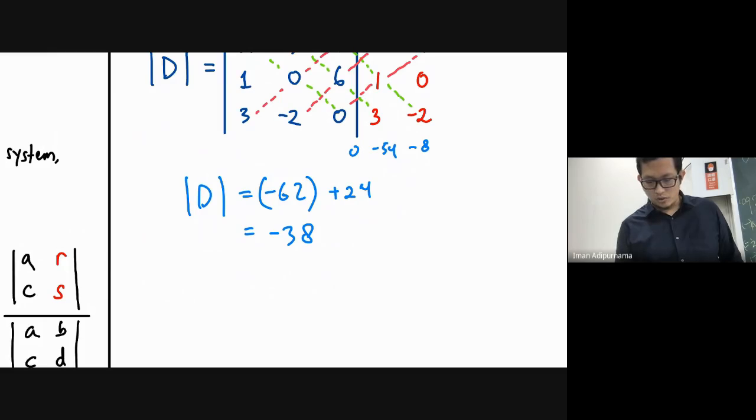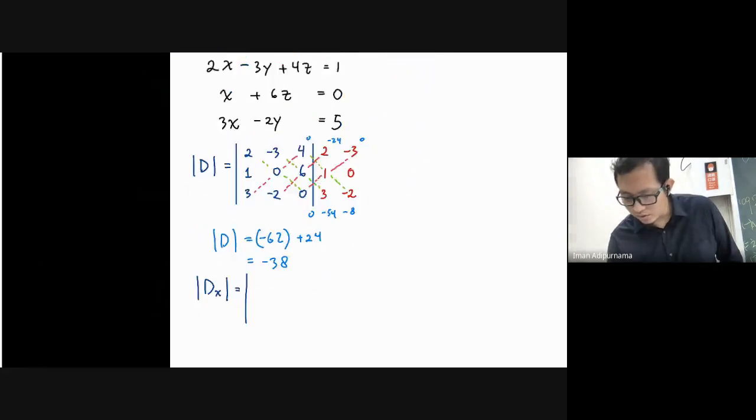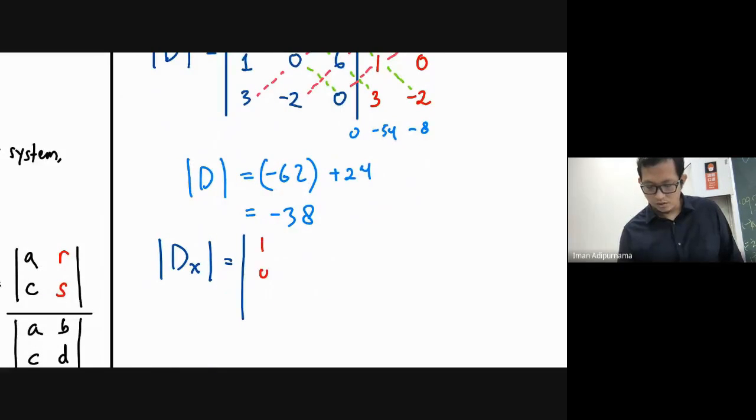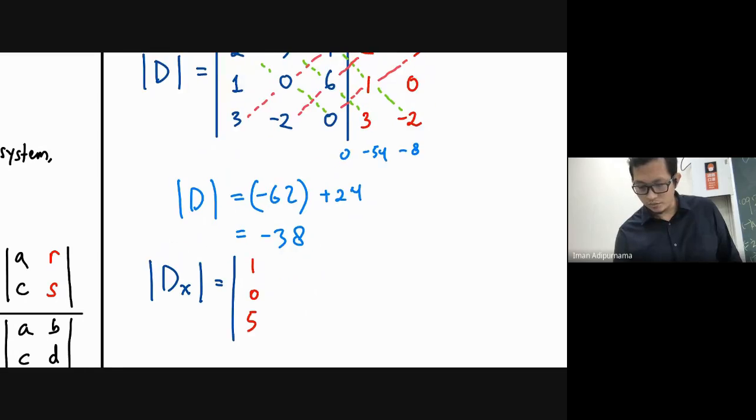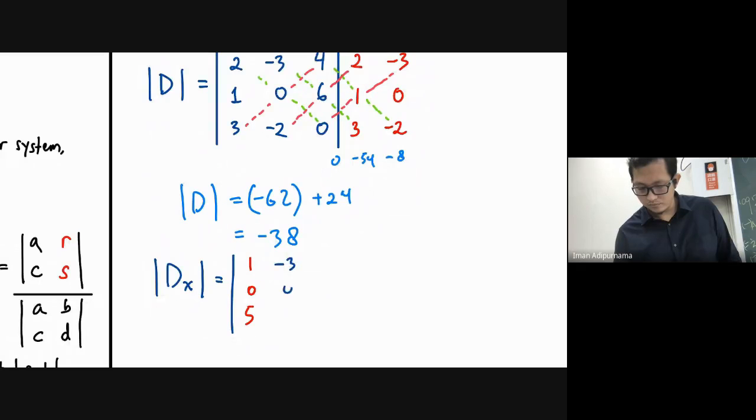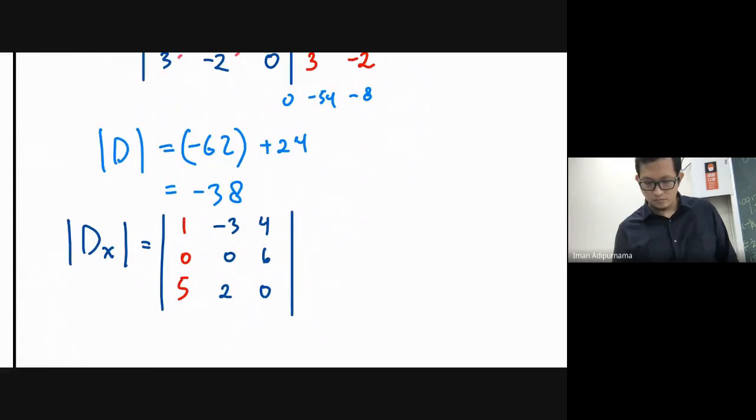And then we can solve one by one the dx. Dx is, what is the 105? 105, and then the other will be the same. So this will be 105, negative 302.